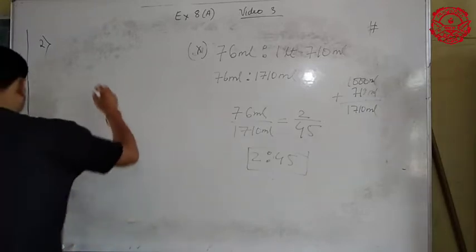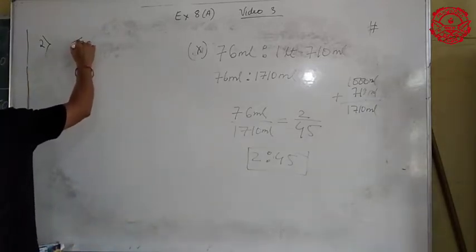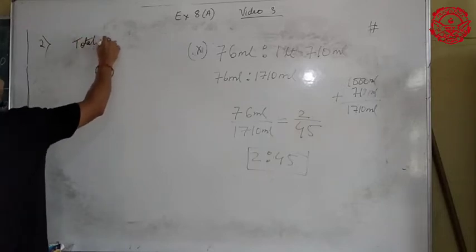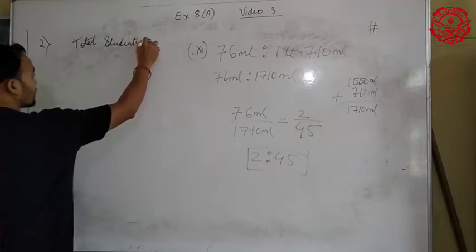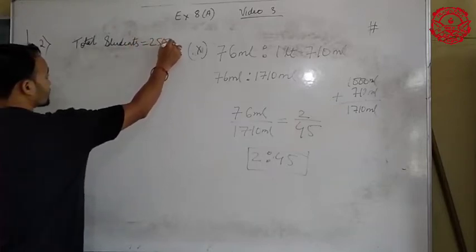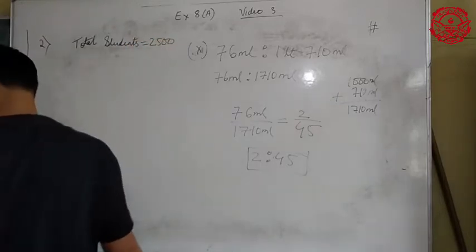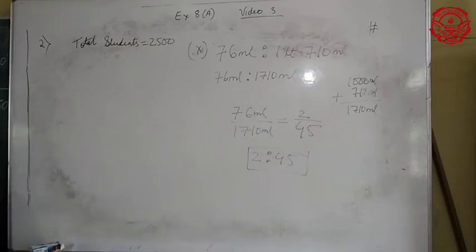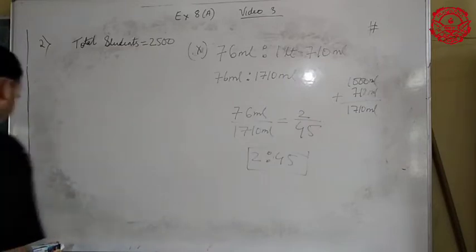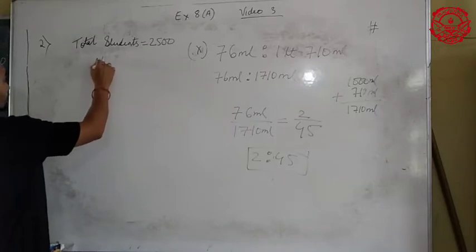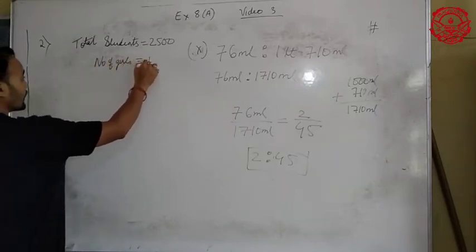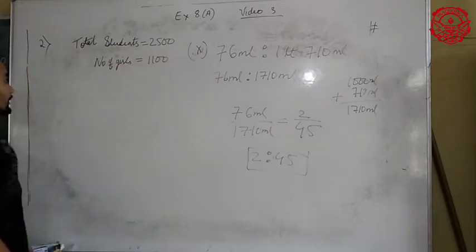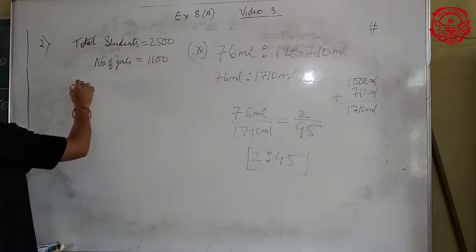The total number of students is 2500. The next part of the question says, out of them 1100 are girls. The number of girls is 1100.